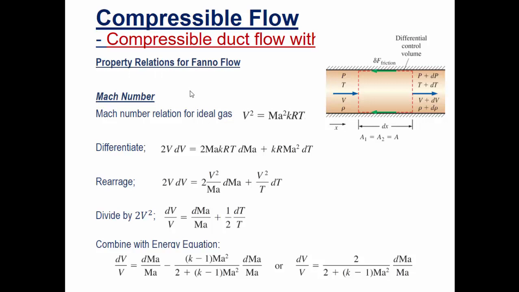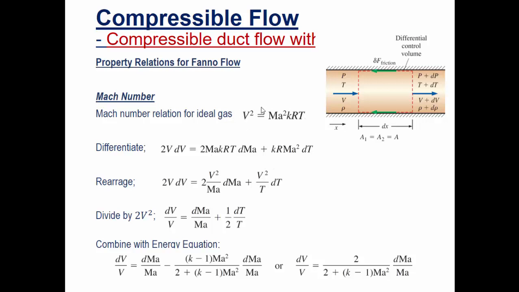And we know that for an ideal gas, we developed the Mach number relationship here for the square of the velocity equal to the square of Mach number times kRT. When we differentiate this expression, we will get 2V dV equal to 2 Mach number kRT dMach plus k R Mach number squared dT.